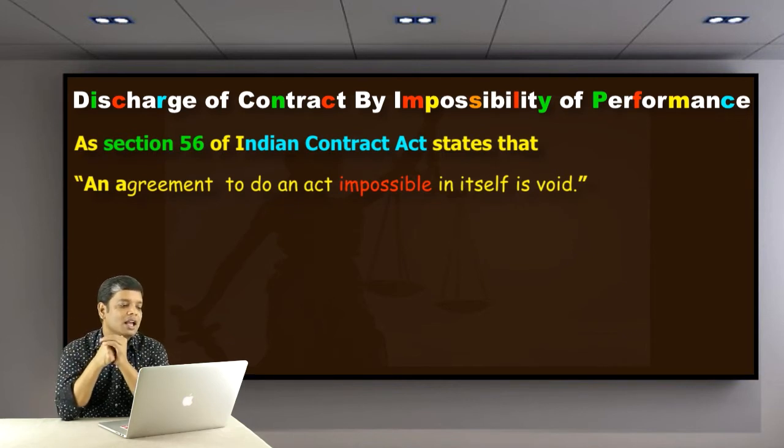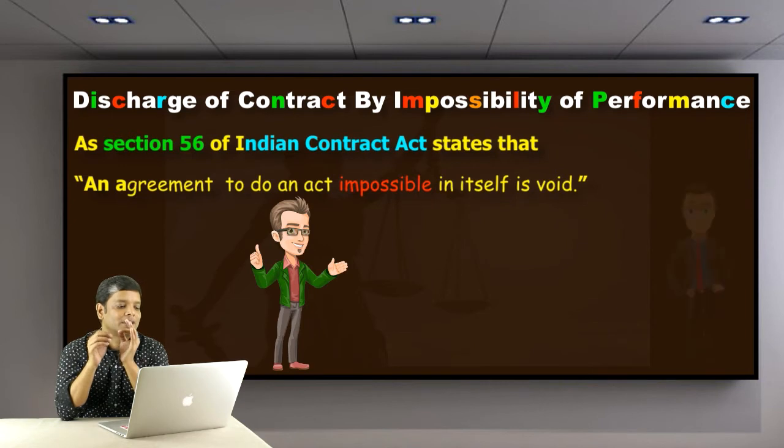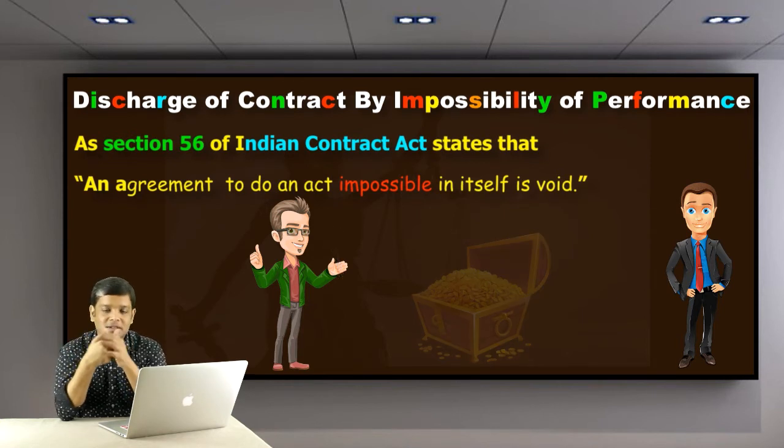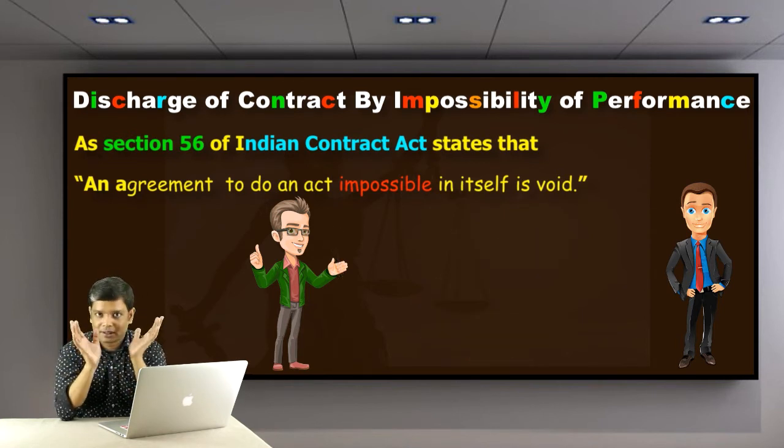A agrees with B to discover treasure by magic. See the kind of language. The agreement is void. Is it possible to discover treasure through magic? So such a contract is void ab initio.